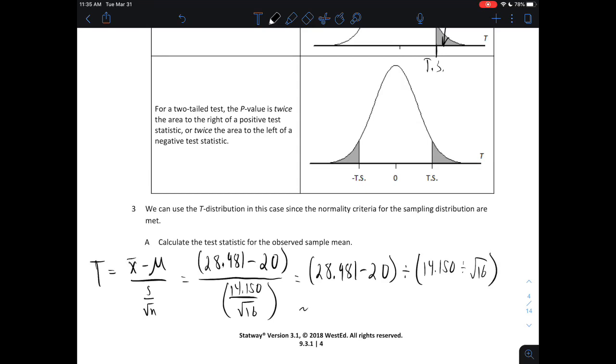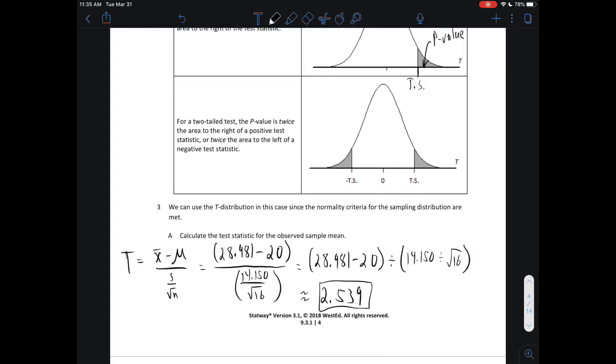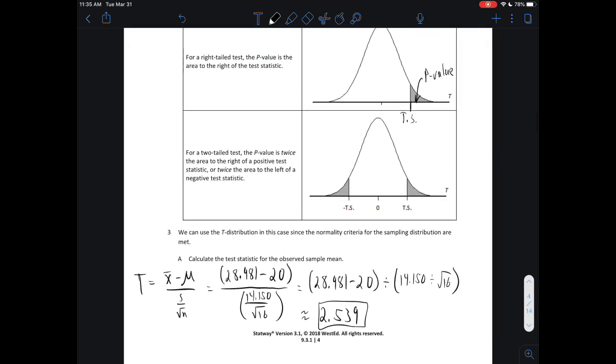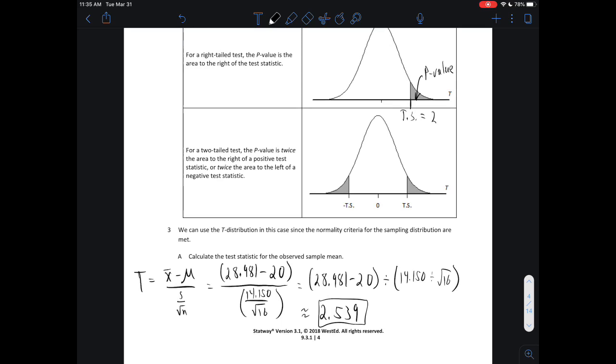And you should get for that approximately 2.539. So that becomes our test statistic. So if you think of the graph that we have just above this for our right-tailed test, that is that TS, the test statistic.